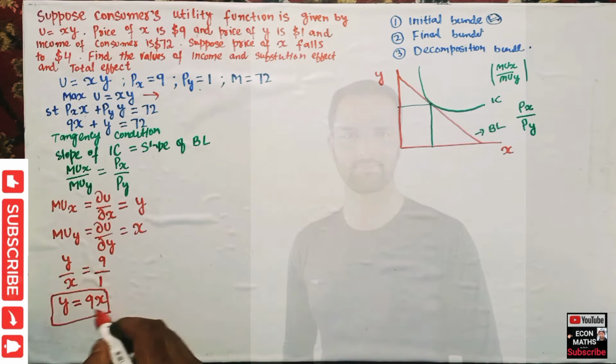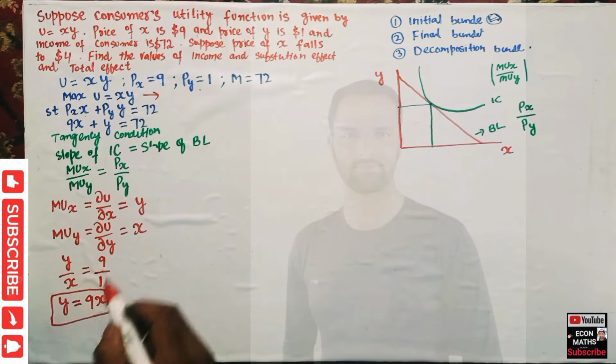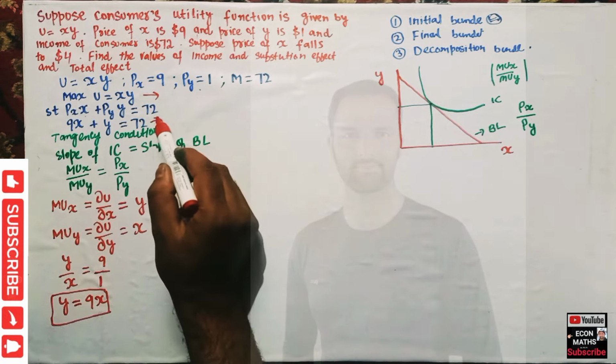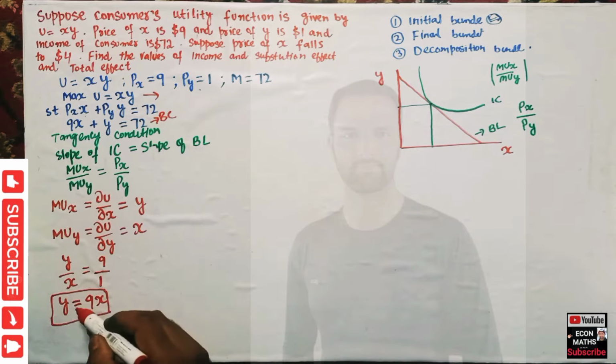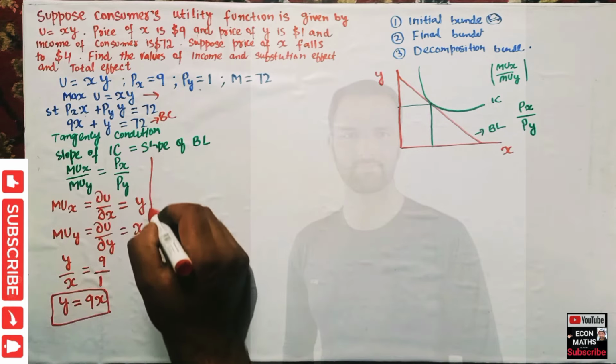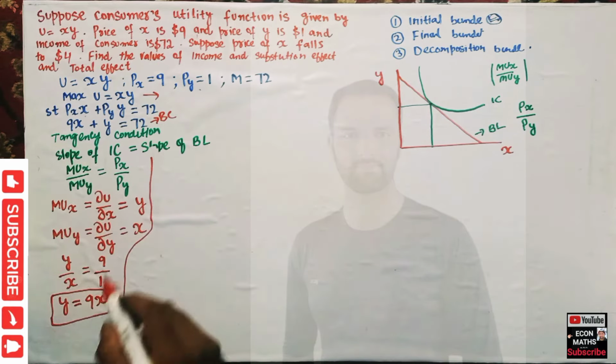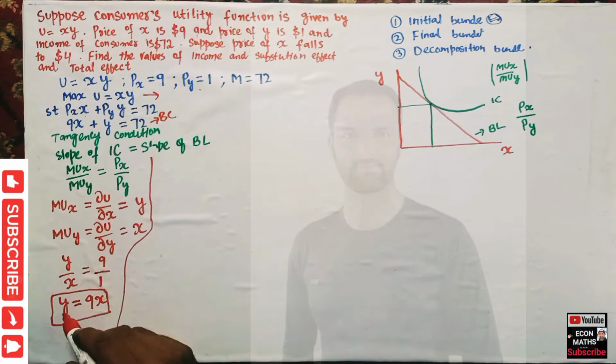Now we just need to plug this y equal to 9x into our budget constraint. This is our budget constraint. Just plug this value to get the optimal values of x and y. So y is equal to 9x.